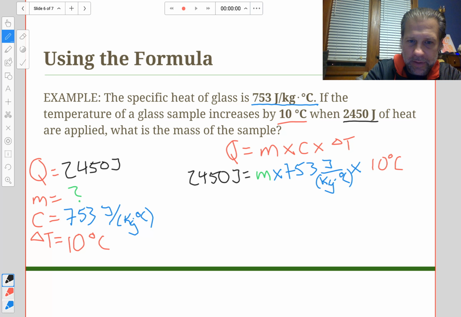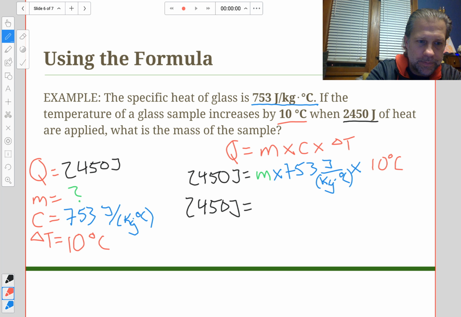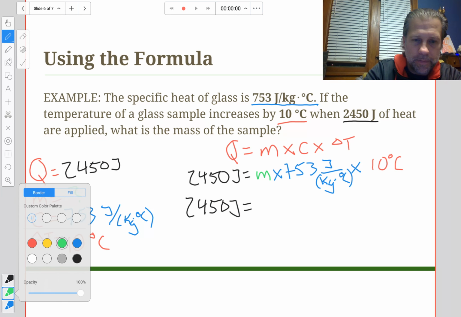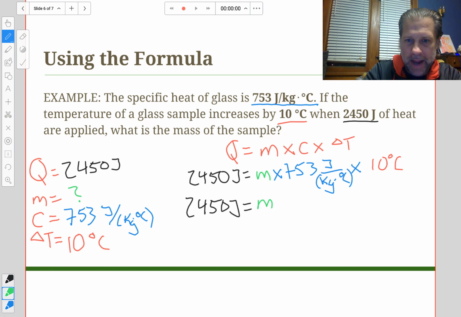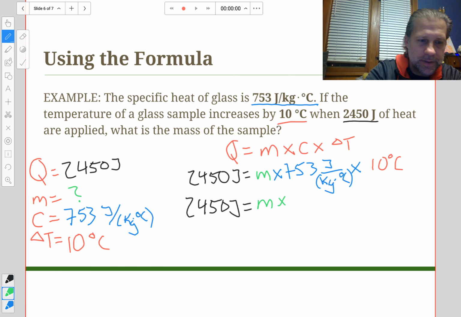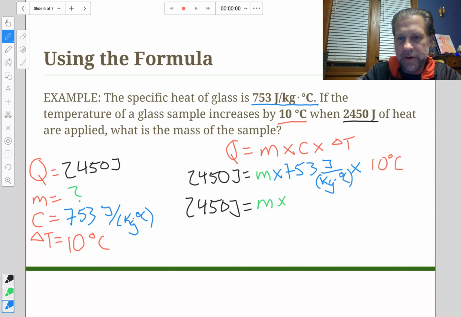So I'm going to rewrite what I have. 2,450 joules equals mass times 753 times 10 degrees Celsius, which would be 7,530 joules.